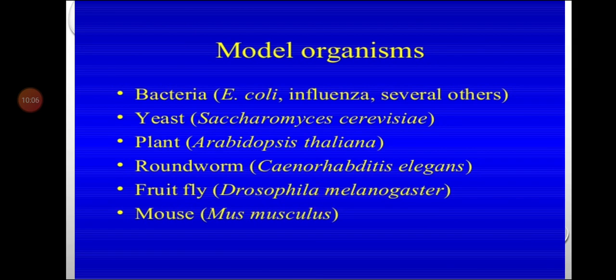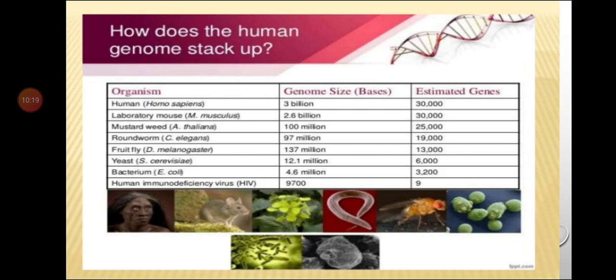So the Human Genome Project was aiming to find out the sequence of these organisms also, and they were successful in this. The sequences are as follows. Human: 3 billion, and estimated genes were 30,000, which has now come to 33,000. And mouse, that is laboratory mouse, 2.6 billion and estimated 30,000.